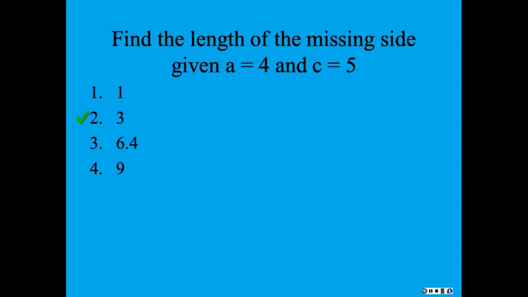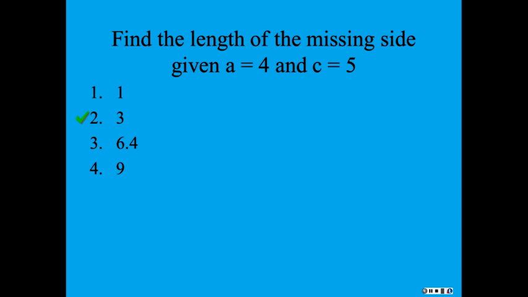Why is that true? We don't know what B is. What did they say C was? So in my formula, I know that A is 4 squared. I don't know what B squared is. And C squared is 5 squared. I'm just going to substitute. I do my substitution. So what's 4 squared?